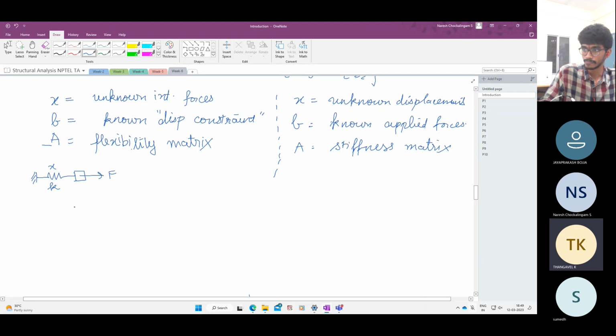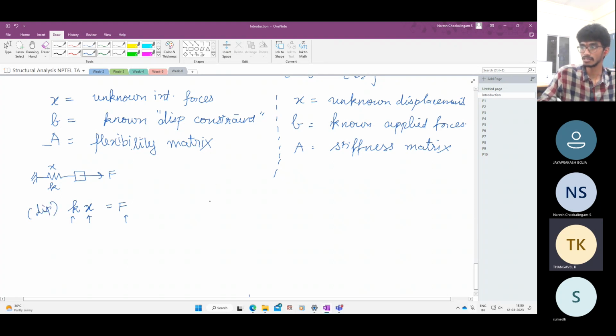You put k x equal to F. If you're subjecting it to a known force F and you want to solve for the unknown x, taking x itself as the unknown, this is the stiffness, this is the displacement, and this is the known force F. So this is the displacement method.